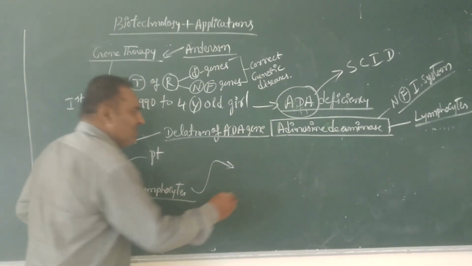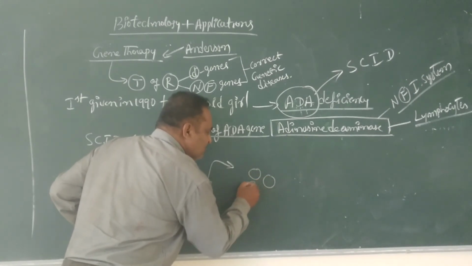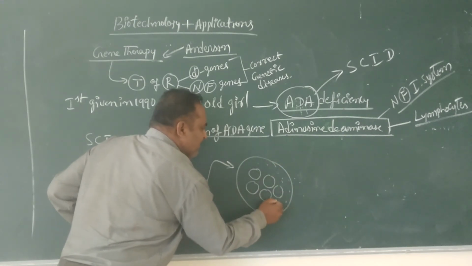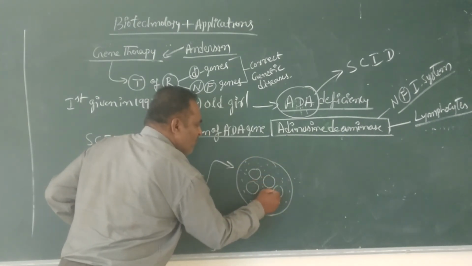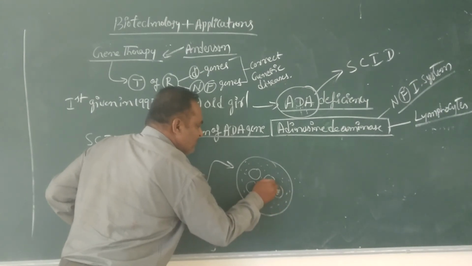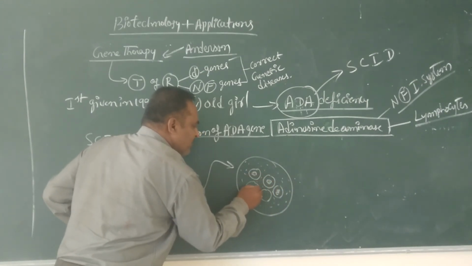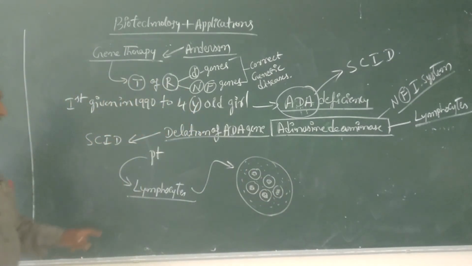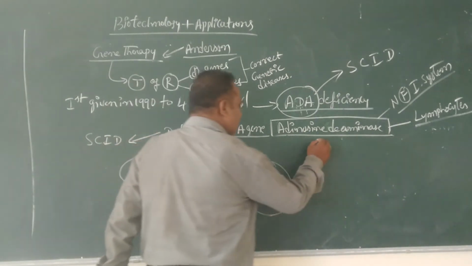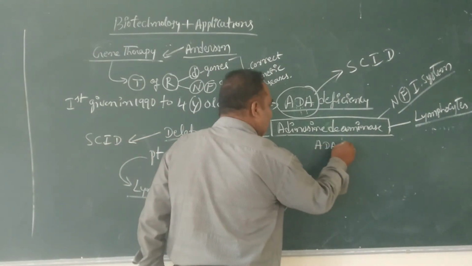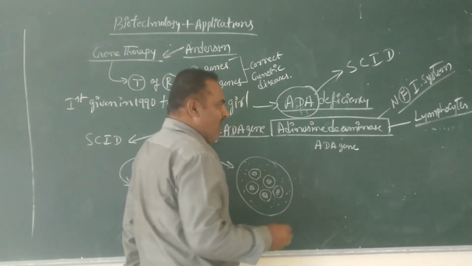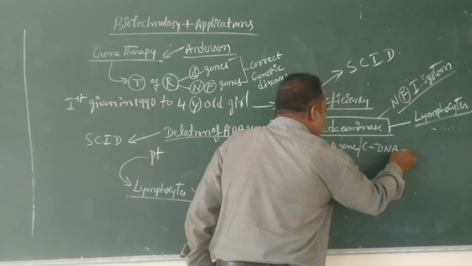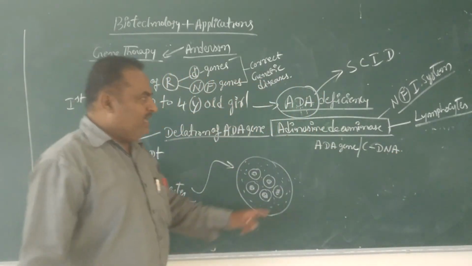Such lymphocytes are grown on a growth medium outside of the body. And the gene is extracted, that means the ADA gene or cDNA, complementary DNA, for the production of adenosine deaminase.